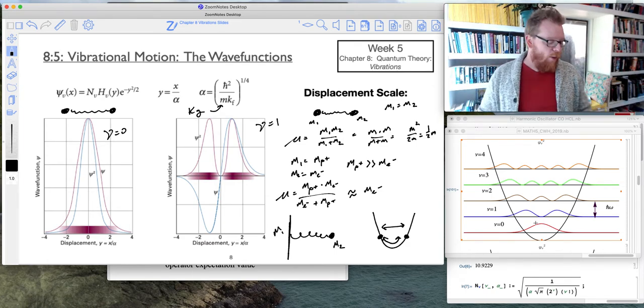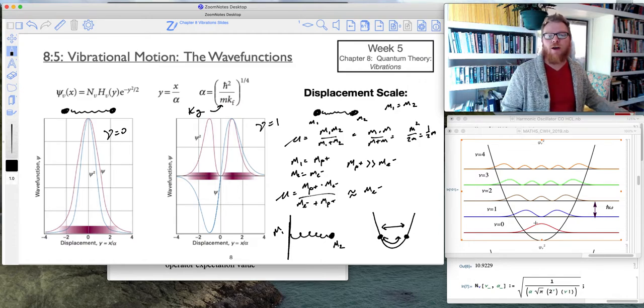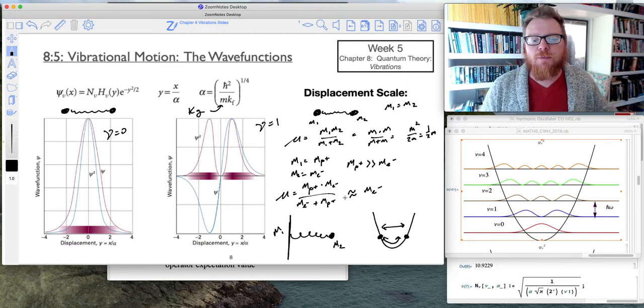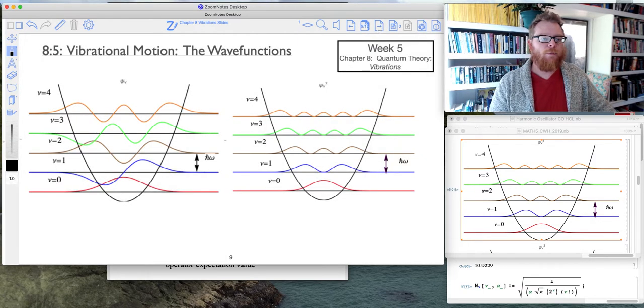Which is pretty cool. And what I also want to say is that we can expand on this. We don't just have to apply this model to protons and electrons. We could apply this model to actual molecules, all right? Which is pretty cool. Here, I kind of spoke out of order.